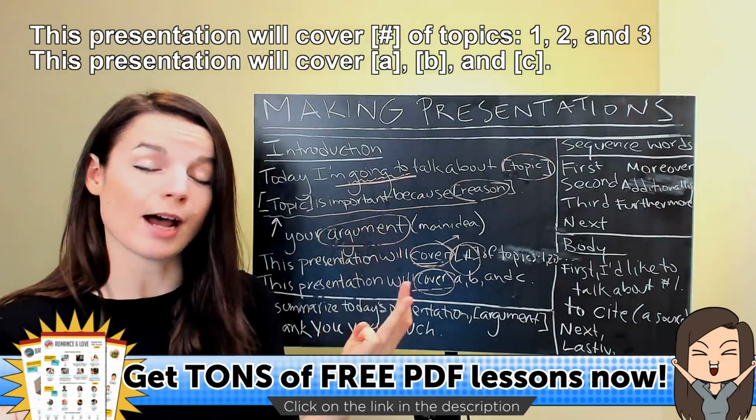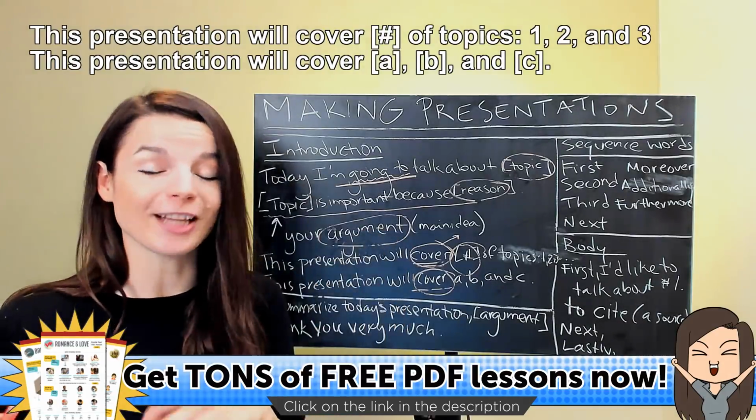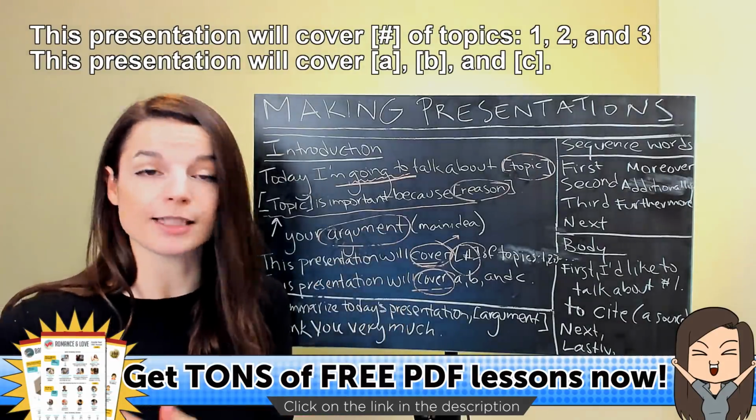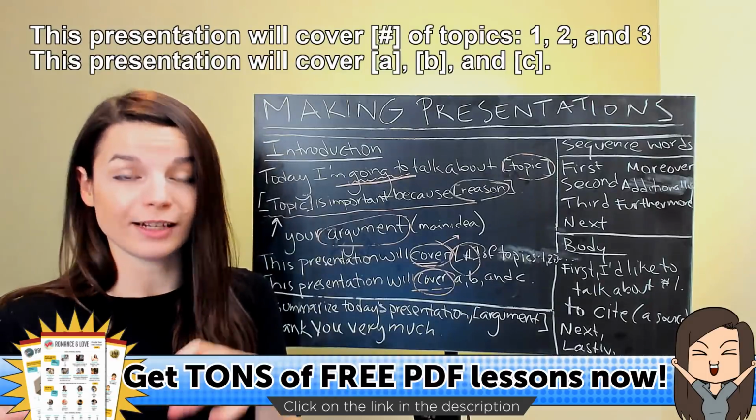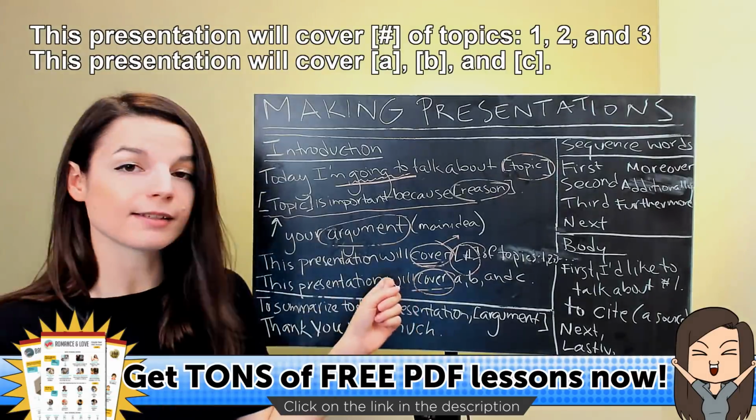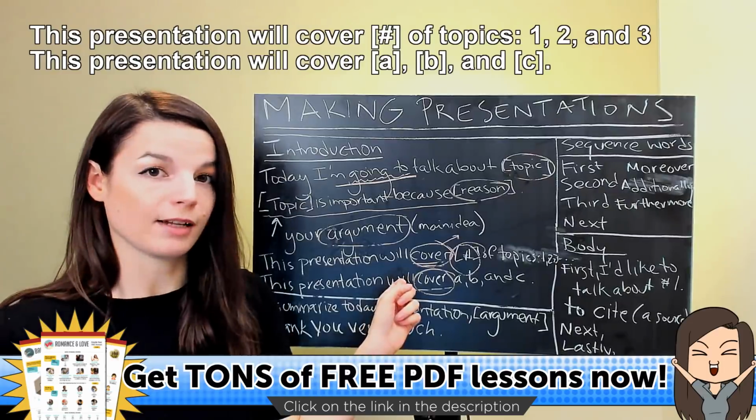Those are my 3 topics. I start every live stream lesson by explaining the topics I'm going to talk about in that lesson. You can use the same pattern for your presentations as well.